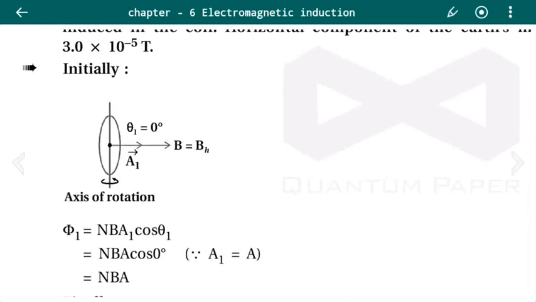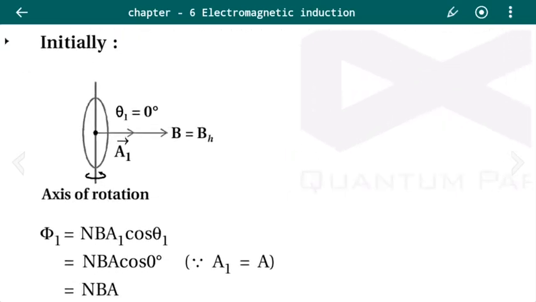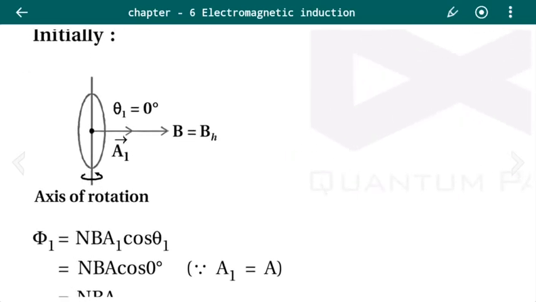So initially phi equals NBA cos theta, where B is the magnetic field and A is the area vector. You can see over here the area vector is always normal to the surface area.